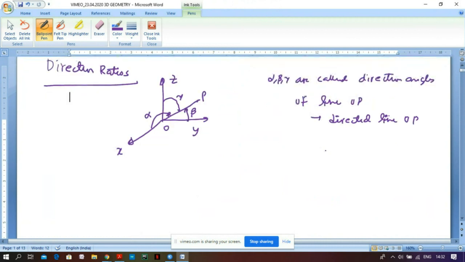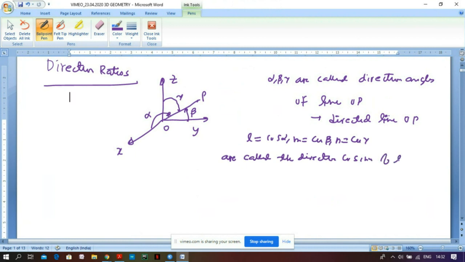Once you have defined the direction angles of line OP, the 3 numbers L, which is cos alpha, M, which is cos beta, and N, which is cos gamma, are called the direction cosines of the line OP. They give you the direction in space in which the line is oriented.